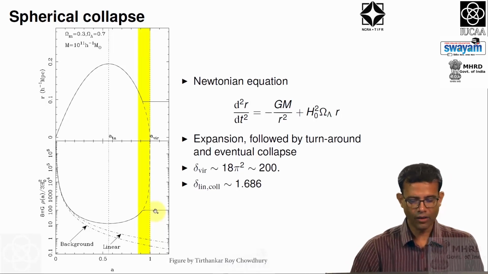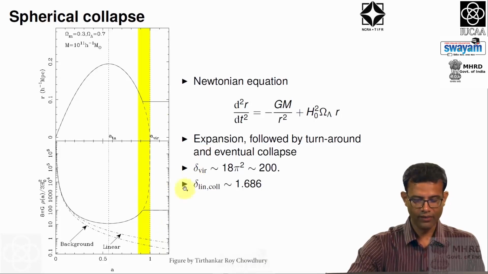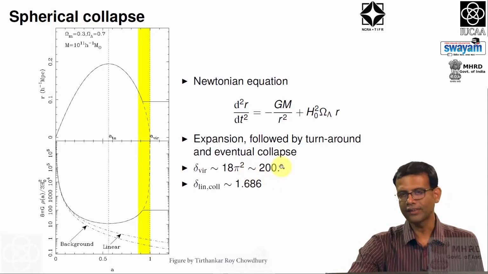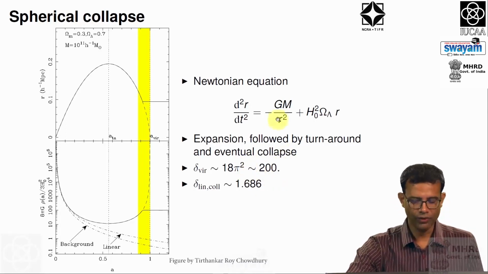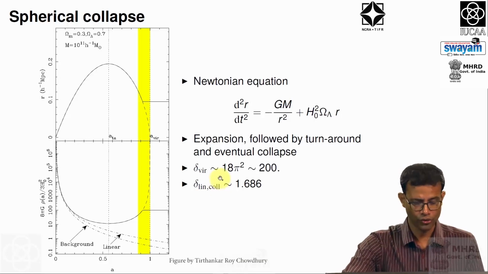Strictly speaking, in the so called Einstein de Sitter universe, which has no cosmological constant or dark energy, this density contrast at virialization will be exactly 18 pi square minus 1. Okay. But in general it is somewhere between 150 to 200, depending on how you define the virialization and what cosmological parameters you choose.